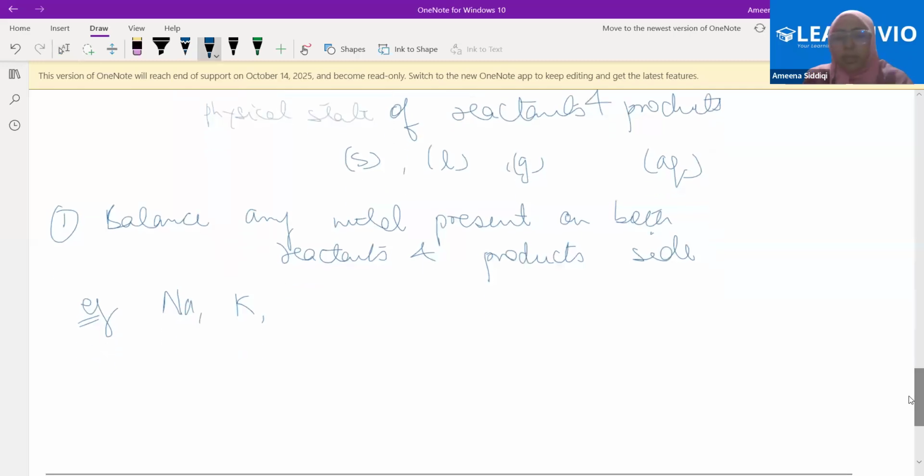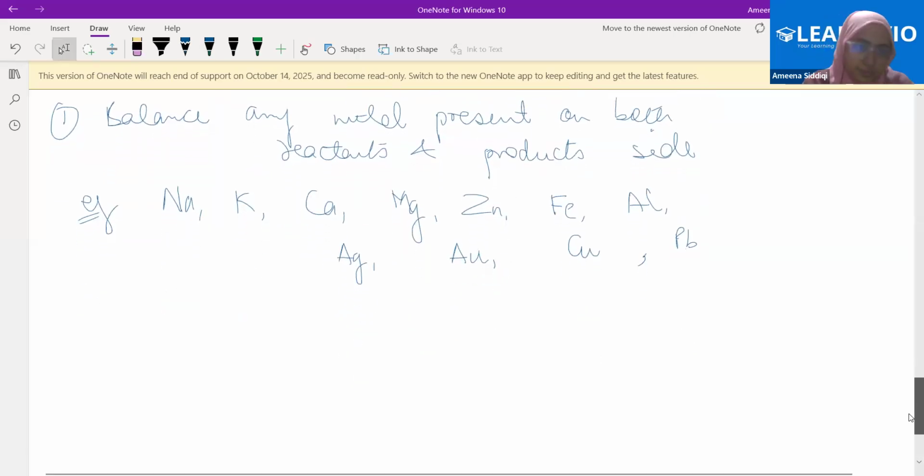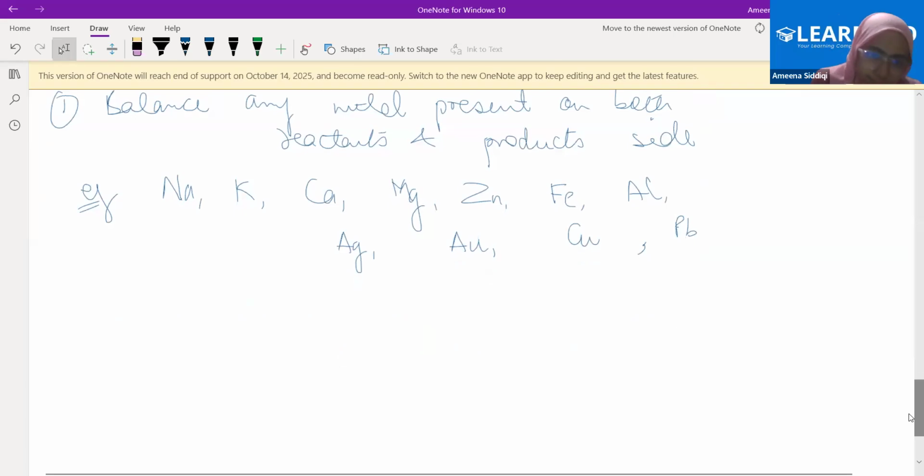So metals are sodium, potassium, calcium, magnesium, zinc, iron, aluminium, silver, gold, copper, lead, mercury. All of these are examples of metals, okay? Should I move on to the next point?